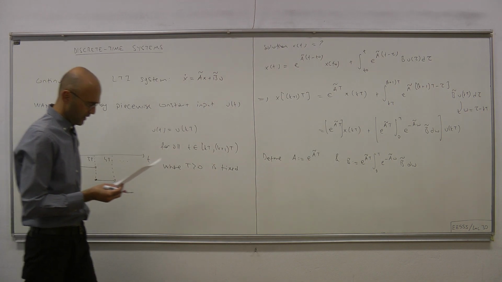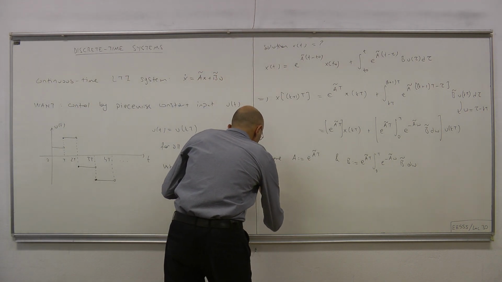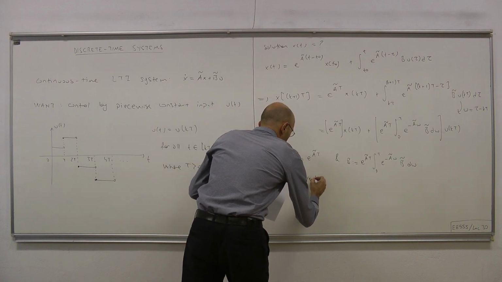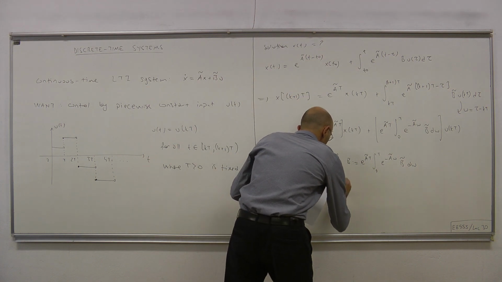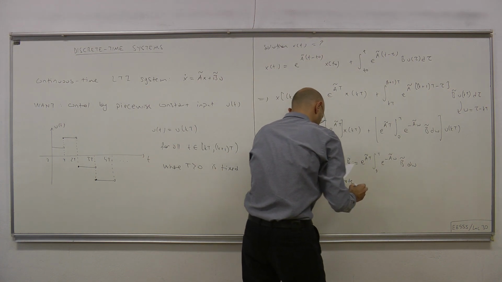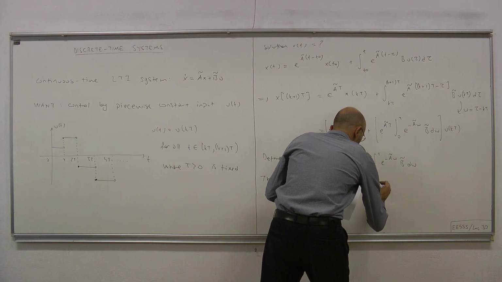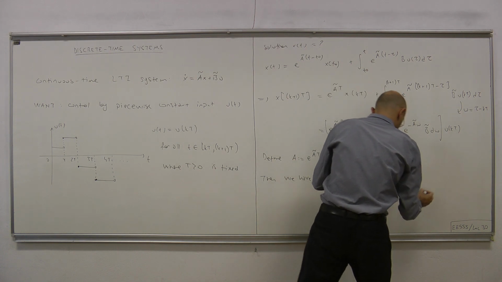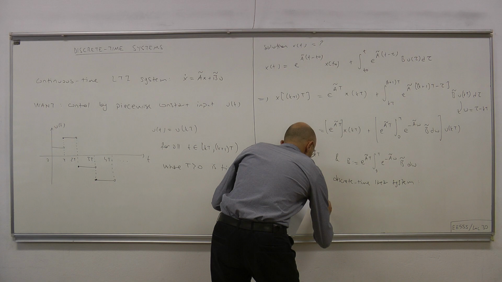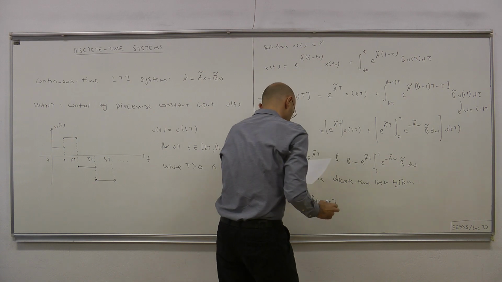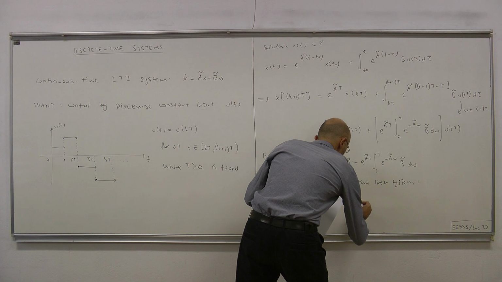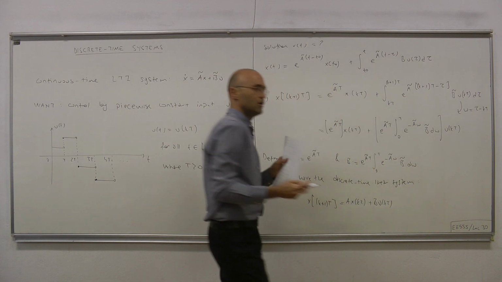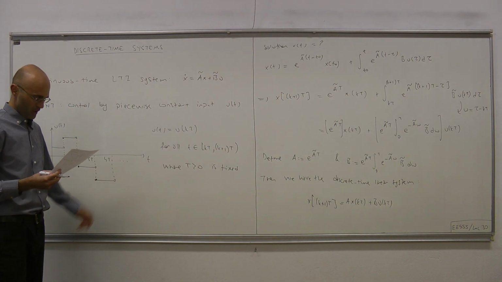Okay, then we have the discrete time linear system: x((k+1)T) = A x(kT) + B u(kT).